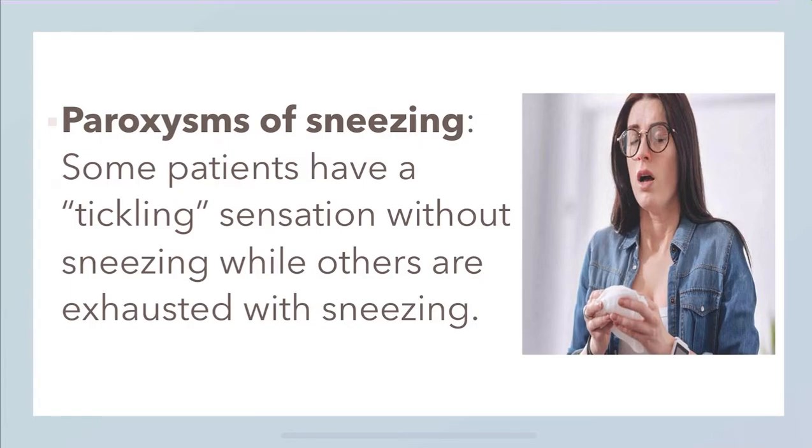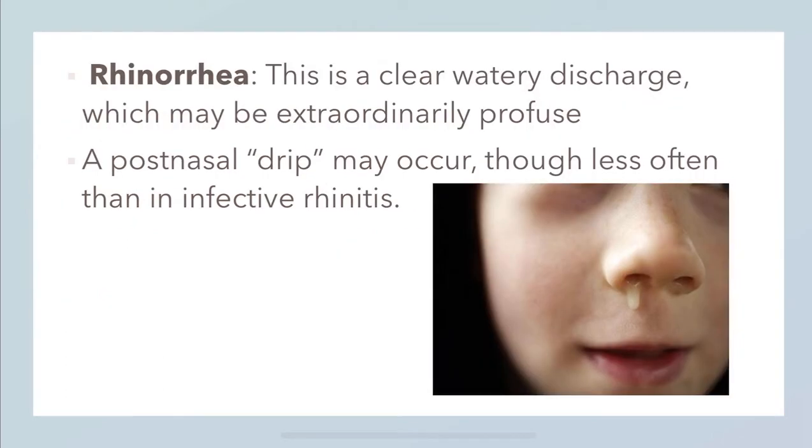We saw that it is histamines being released, and then it is affecting the nerves producing itching. So the paroxysms of sneezing, some patients have a tickling sensation without sneezing, while others are being exhausted with sneezing. Few people just have tickling sensation, others have severe sneezing.